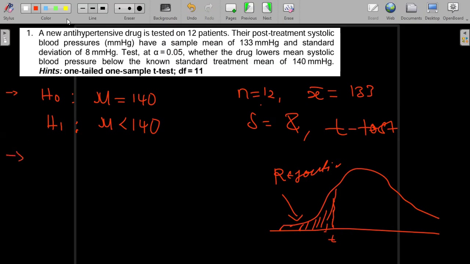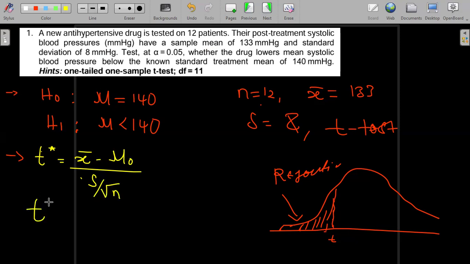So our test statistic is t calculated, which equals the sample mean minus the population mean, divided by the sample standard deviation over the square root of what? The sample size.